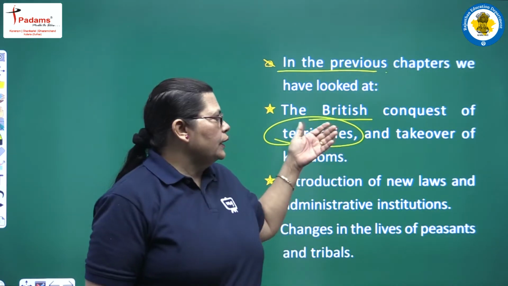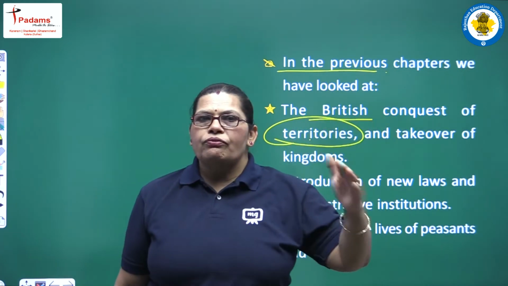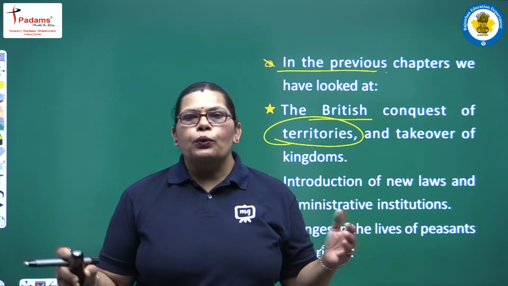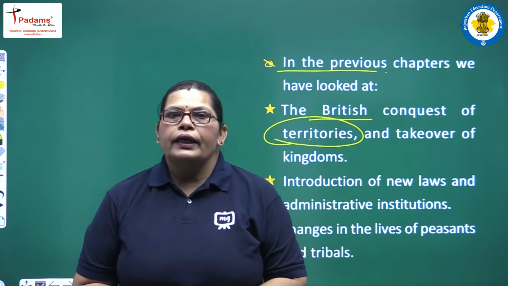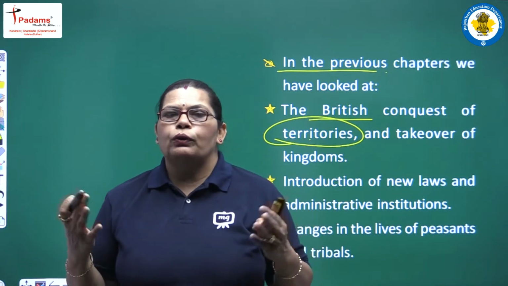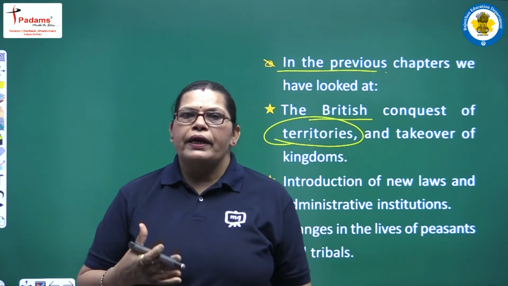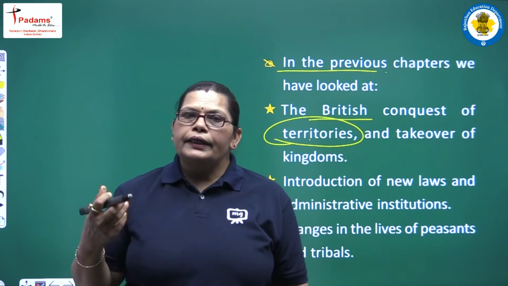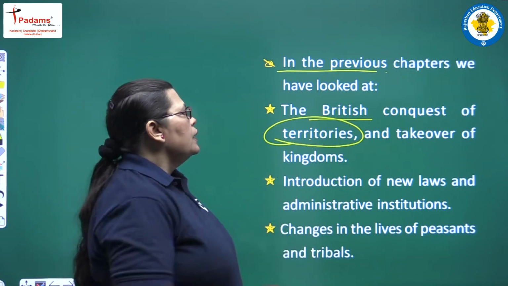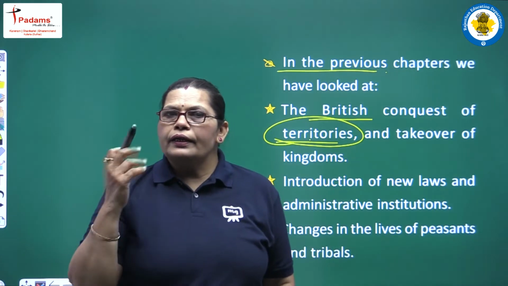How the Britishers took our territories one by one, only for the purpose of trade, because they knew very well that trade was not totally possible for them, since many kingdoms, many rajas, nawabs, zamindars didn't accept their conditions. So the British conquered our territories and took over the kingdoms also.